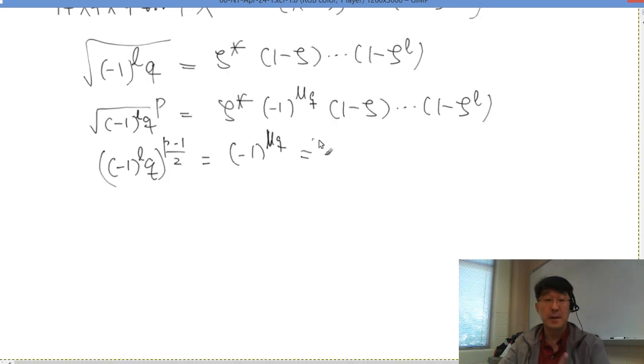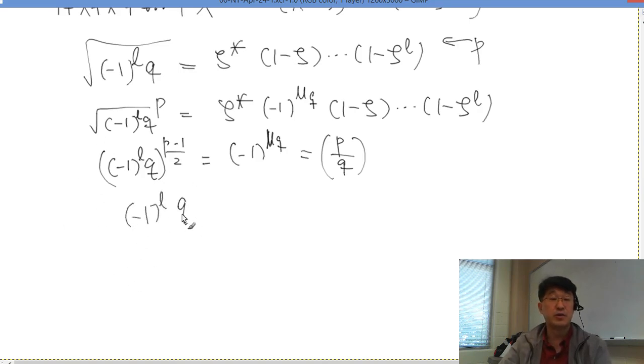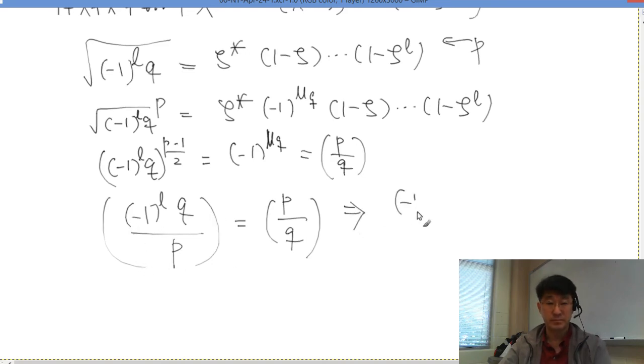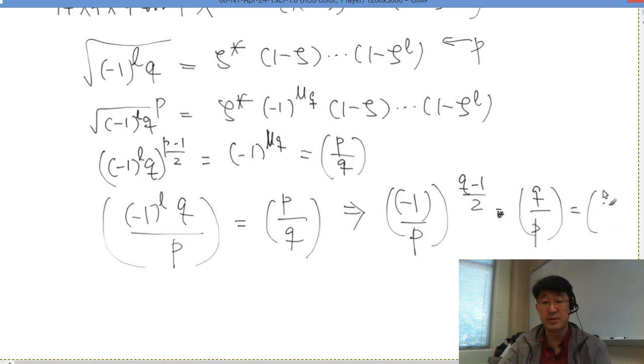μq is again, p is multiplied throughout in here as we do the Frobenius action. So this is equal to whether p is a quadratic residue mod q. And this one, by Euler's theorem, is (-1)^L, q mod p. They're equal to that. Now if you separate that -1, to the q minus 1 over 2, p there, right, is equal to q over p equals p over q.